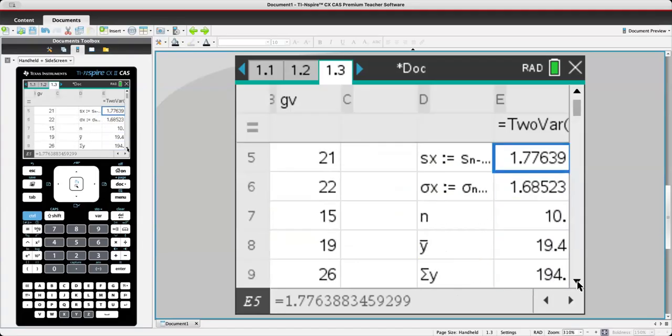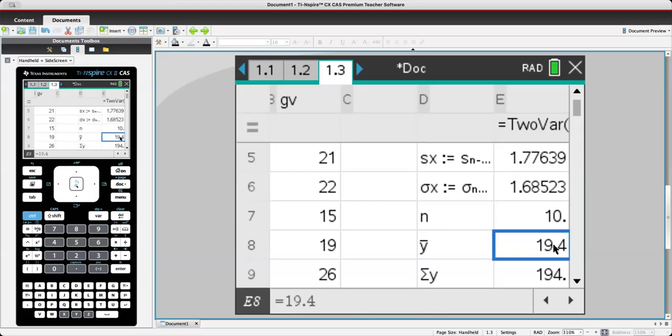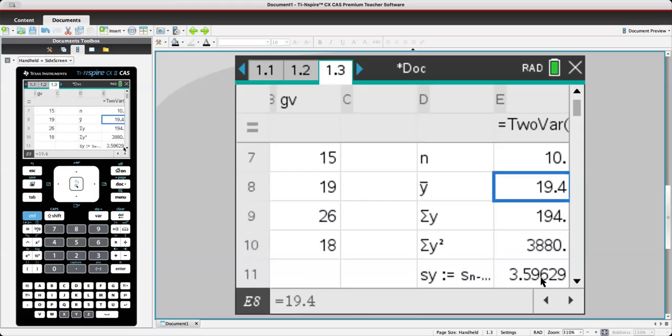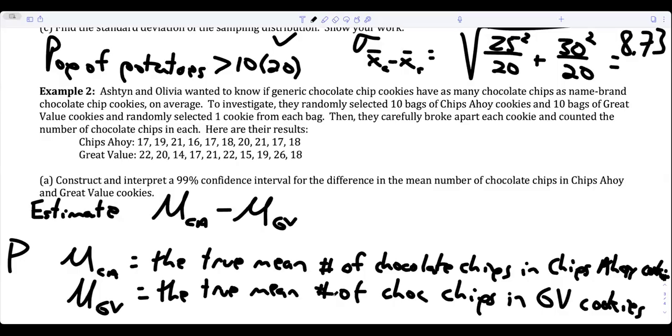And then if you scroll down, and I got Y bar there, that will give me the second Great Value mean, and S sub Y will give me the Great Value standard deviation. All right, so let me go back to the notes there and write that down.